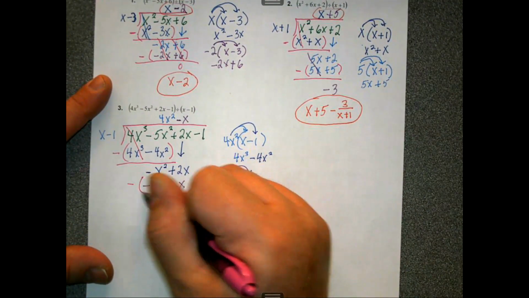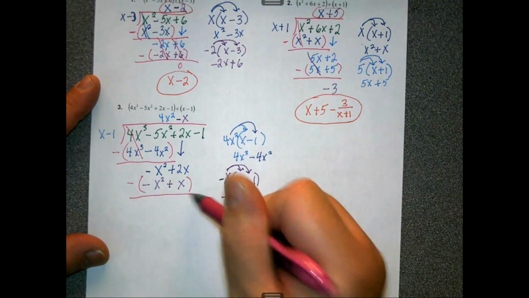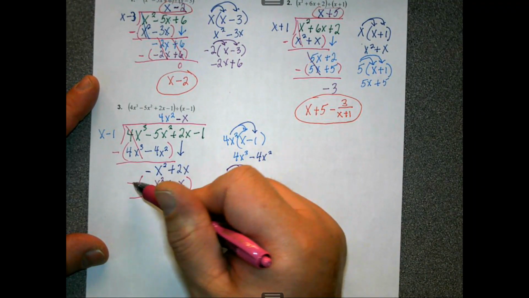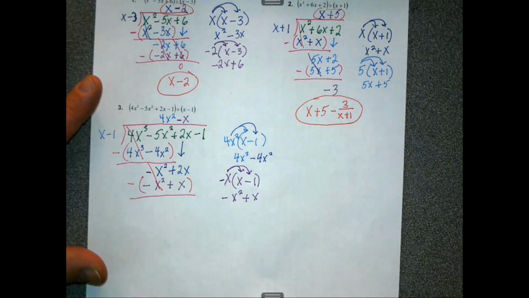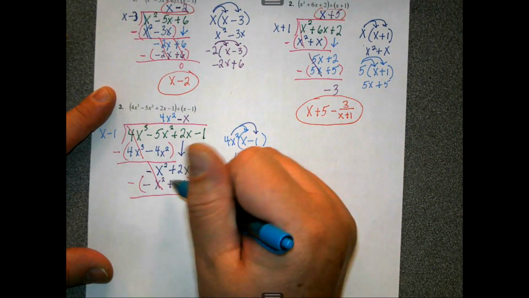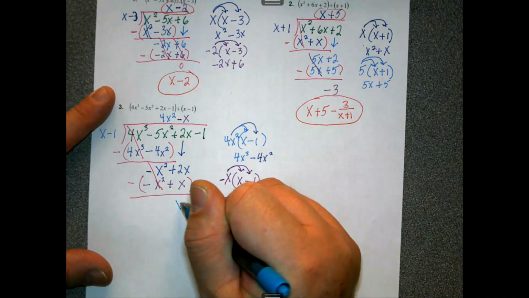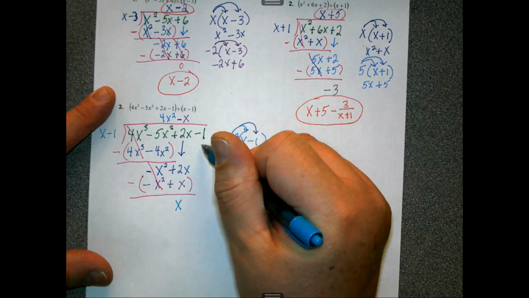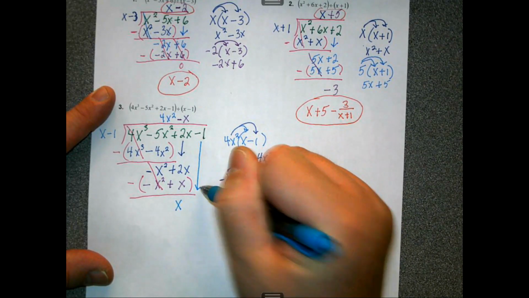So I'm going to subtract this entire quantity. Negative x squared minus a minus makes it a plus x squared. They eliminate. Positive 2x minus a 1x is positive 1x, right? Carry down the next term, so minus 1.